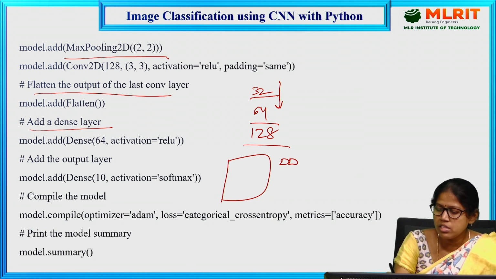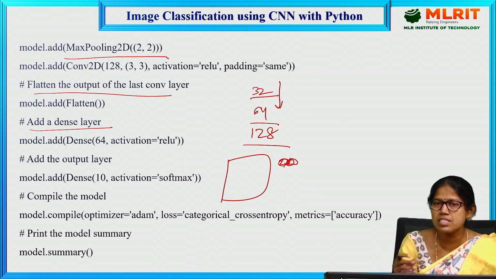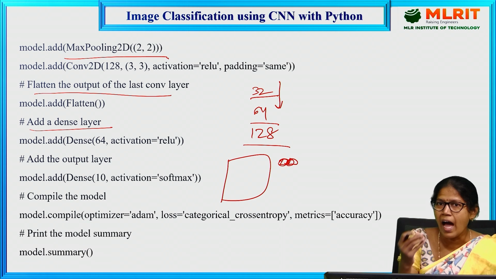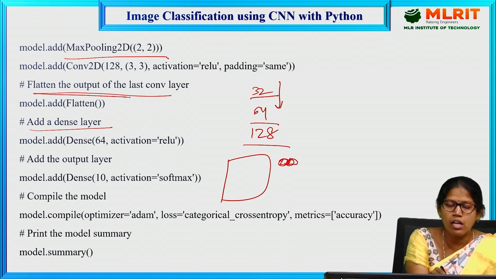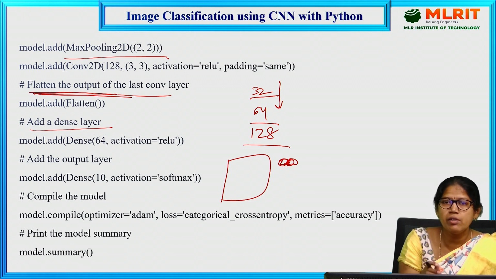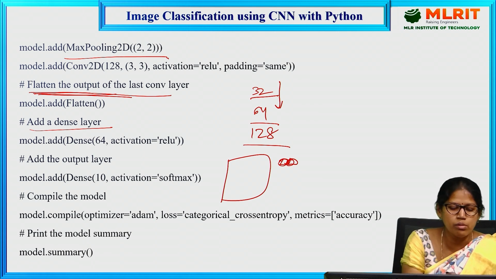Say, this region is connected to this region, then it will form some ear or some nose or some eyes. Then it will remember all those patterns after training. So the flatten, which is also very important, will convert the feature map into a single vector, so that it is easy to connect each neuron in the dense layer.